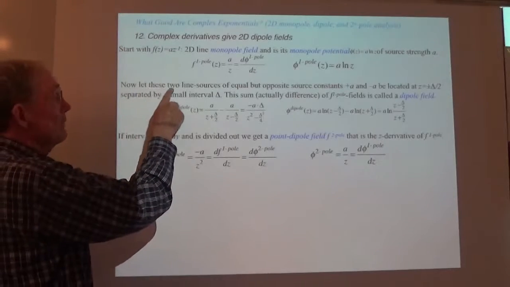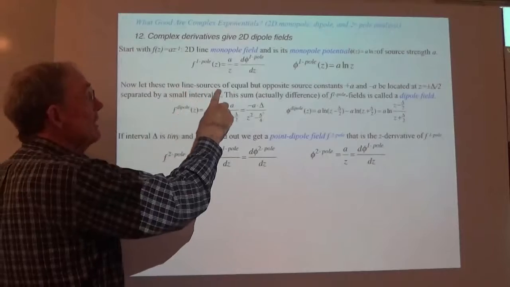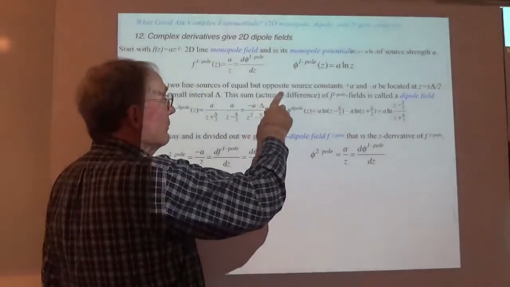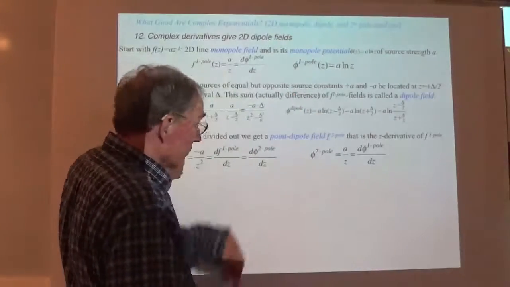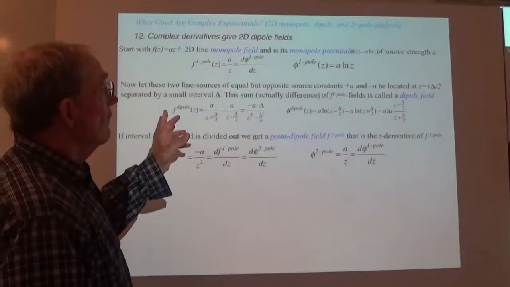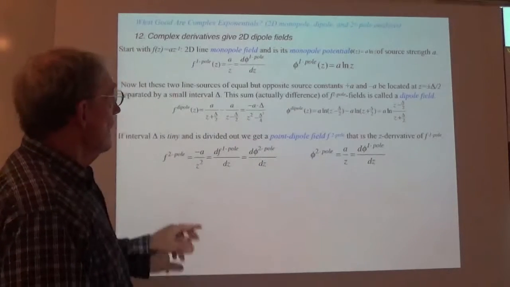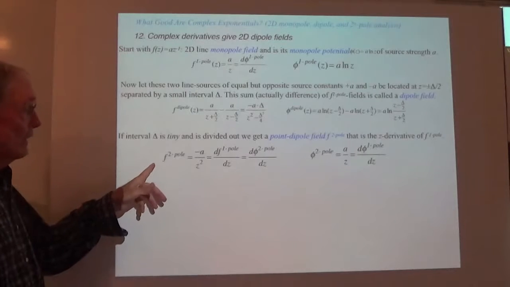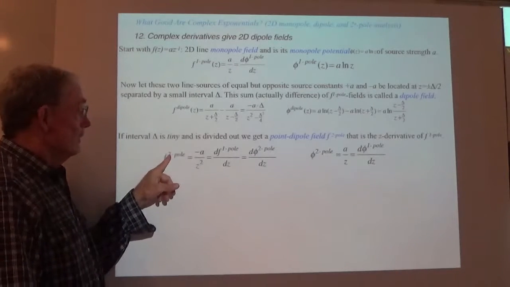If you're thinking about magnetism, if these are magnetic fields, you're thinking of two line sources, equal but opposite source constants, that's current going this way and then current going the other way. Then this is what we're taking the limit of right here, and that is the field of a two-pole.